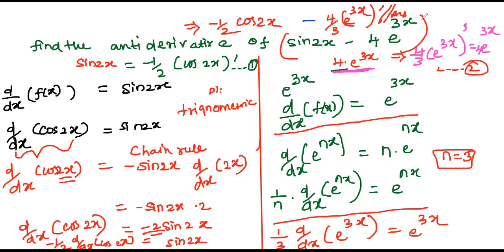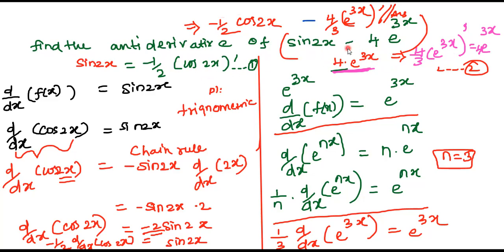Ma'am, can you explain the last step again? The last step, like you mean this one? Yes, ma'am. Yeah. That one. No, I've just found the solution for the sine 2x and for e power 3x separately, right?